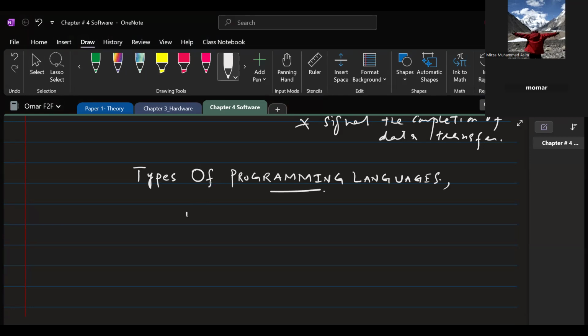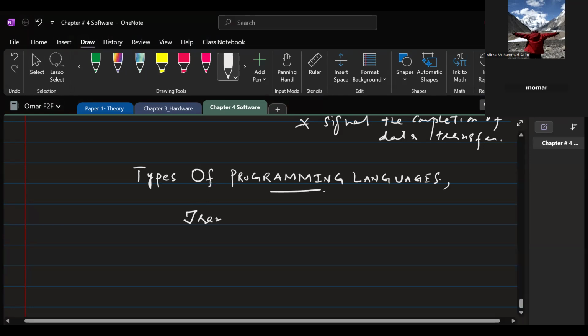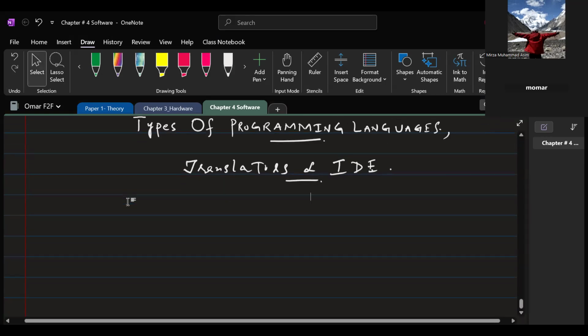Then translators, and then we have an IDE, integrated development environment, right? So, types of programming languages.